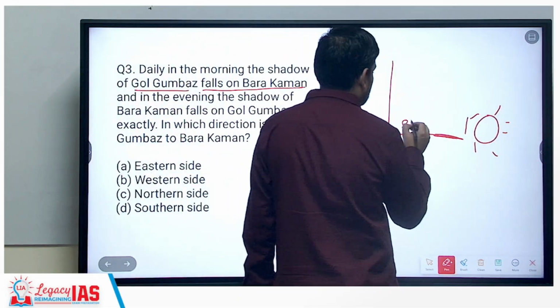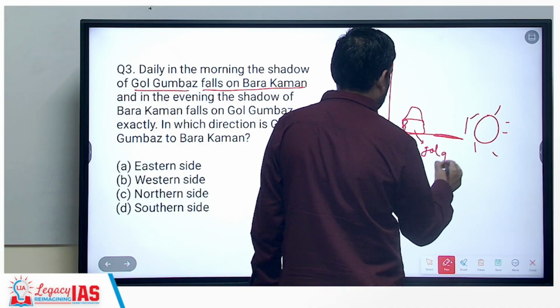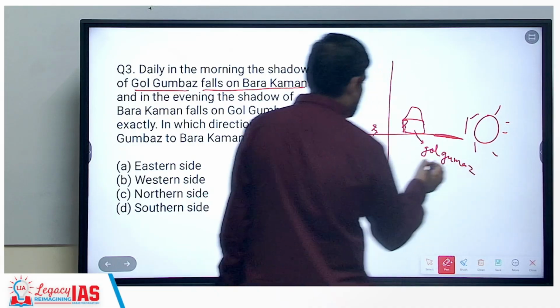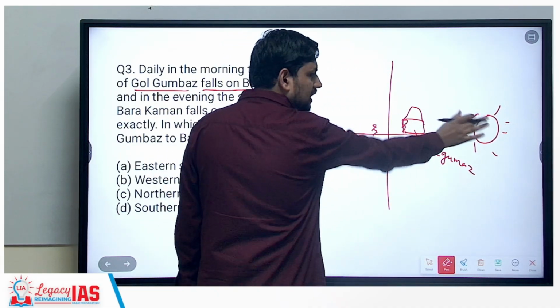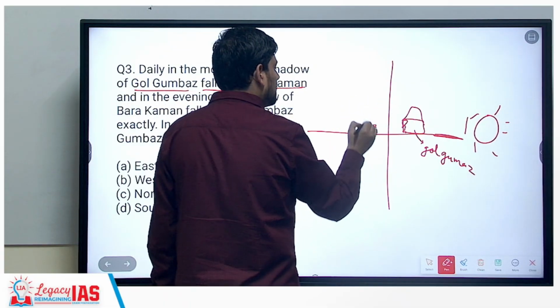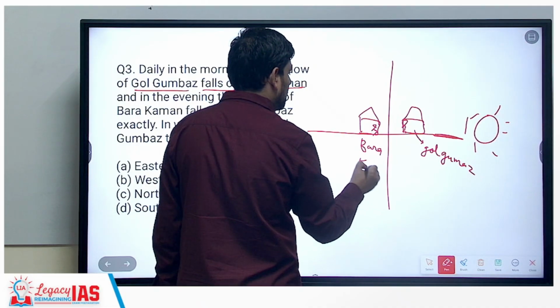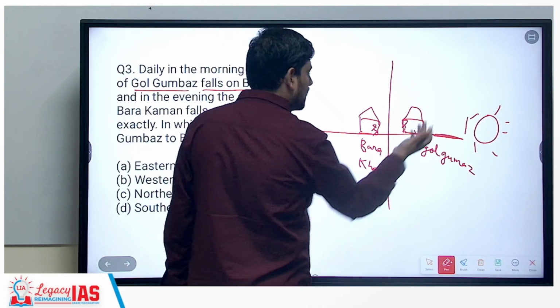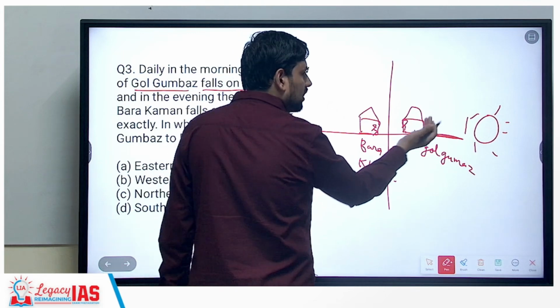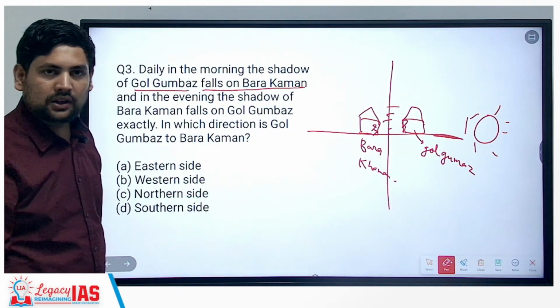So this is Gol Gumbaz. Clearly, Gol Gumbaz is towards the east direction. Its shadow can fall on this, Bara Khaman. Clearly, this building's shadow will fall towards this direction.